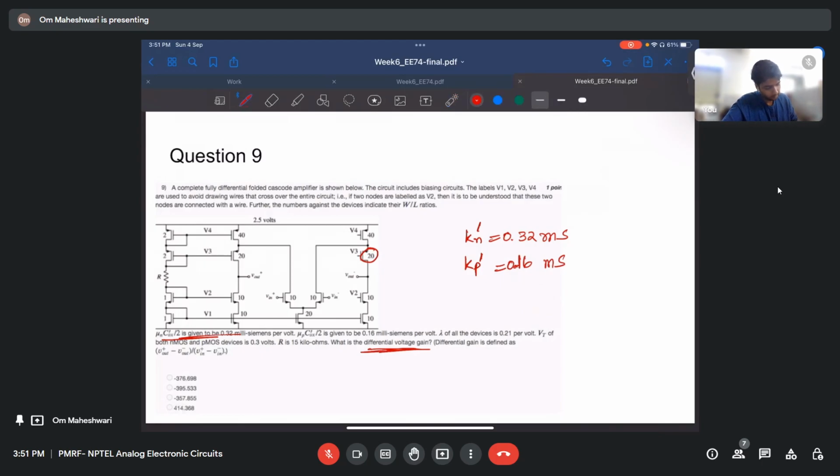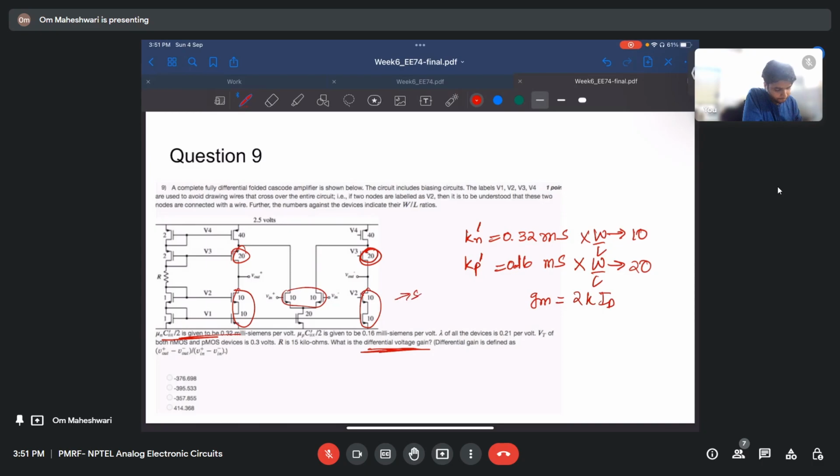The gm is nothing but under root 2k ID, multiplied by W by L. For all the NMOS, width is 10, and for the PMOS, these and these, width is 20. So these and these all will have the same gm, that you can calculate.